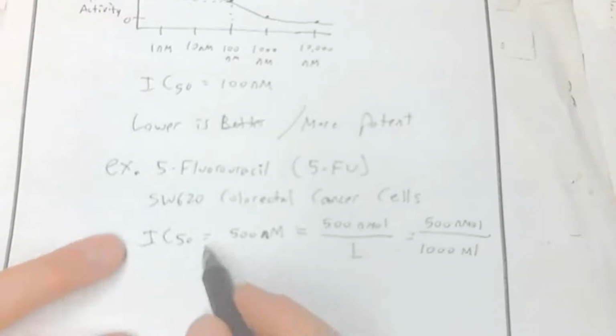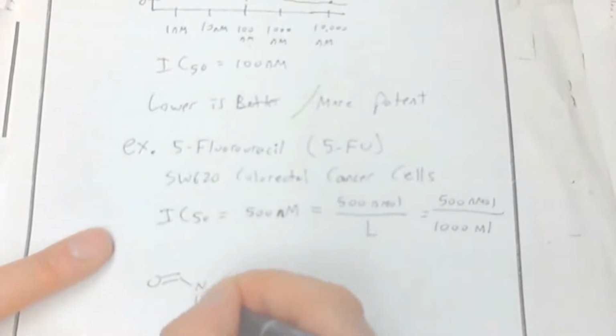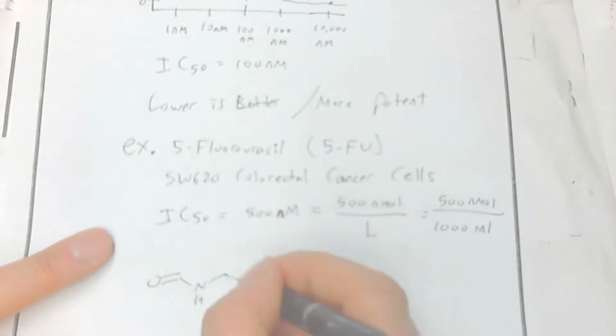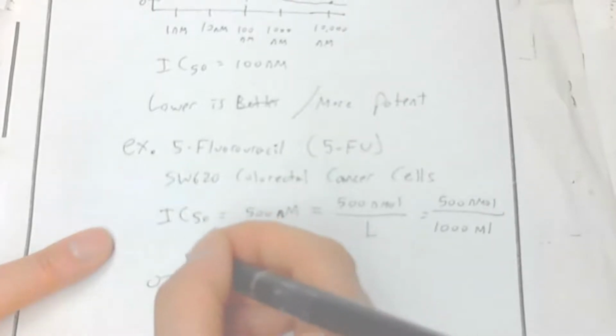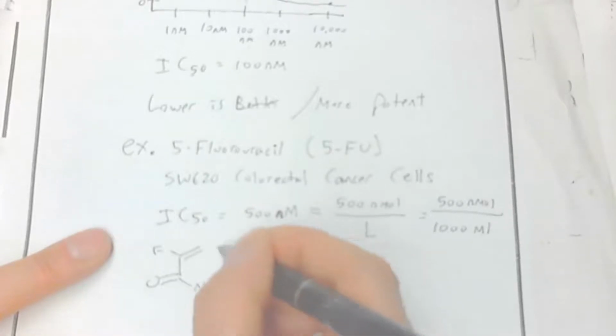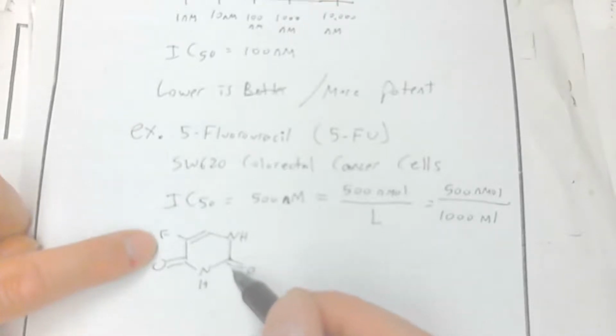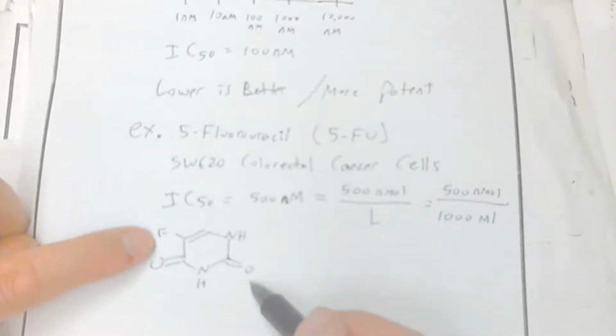Okay, what's the structure of 5-fluorouracil? It's a simple molecule, and this is definitely used clinically to treat a lot of cancer types. It is toxic. It's very toxic, but it's very effective also. It's a uracil derivative with a fluorine in it, and it basically gets incorporated into growing DNA.